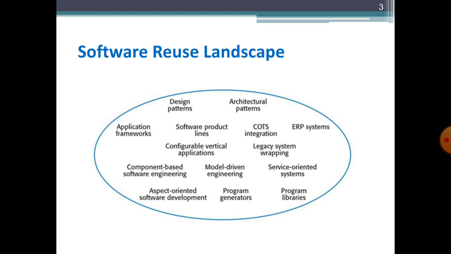And at the end, the most important, the platform on which the actual system will run. So students, these are the different factors which play an important role while we choose the software reusability approach.